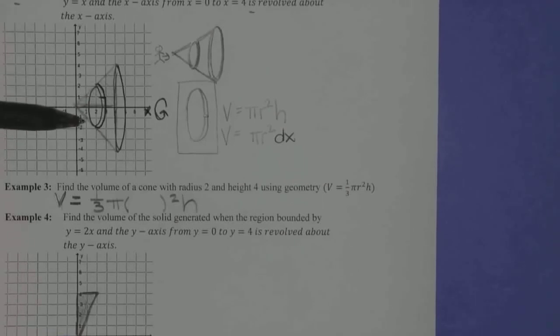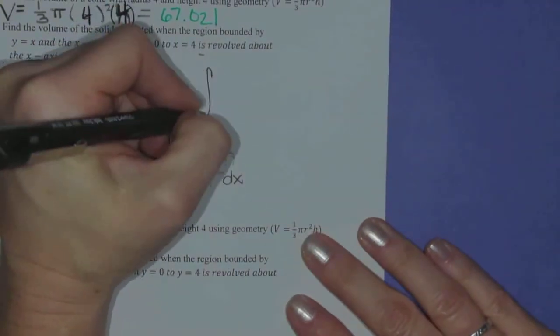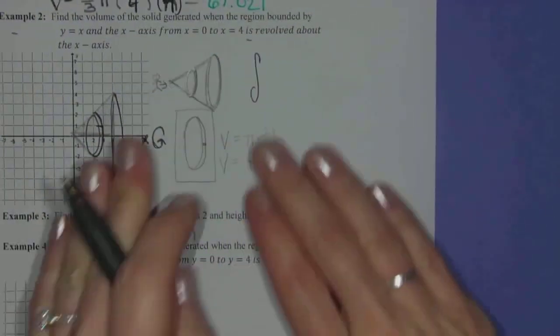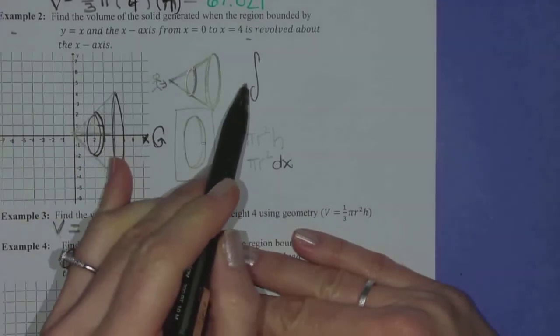When we were doing Riemann sums, didn't we add an infinite amount of rectangles to fill the space and create the total area? We're doing the same thing, but instead of using rectangles to create area, we're using discs to create volume. And the shortcut to adding up an infinite number of rectangles was to use the definite integral. So the shortcut to add up a bunch of discs is going to be the definite integral.